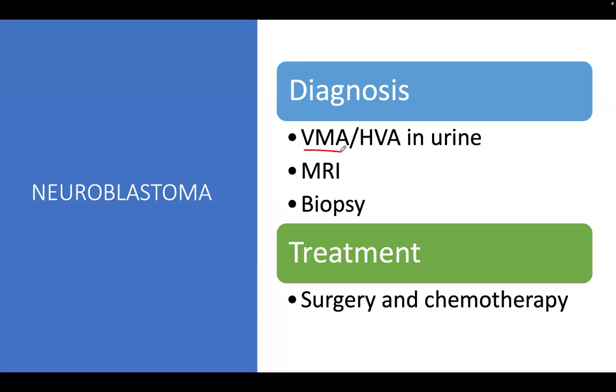HVA is homovanillic acid. So please take note of this. VMA is the same urinary metabolite for pheochromocytoma.